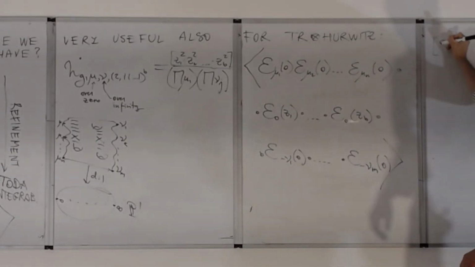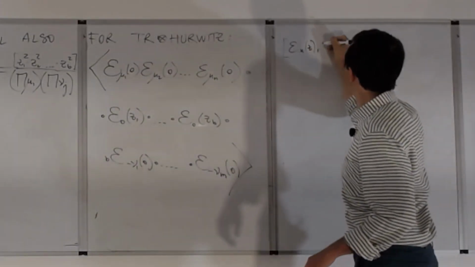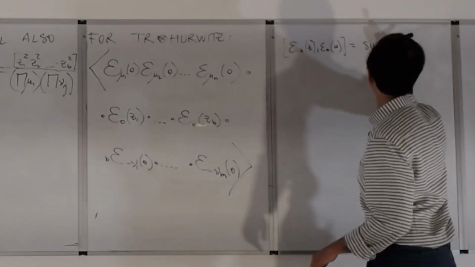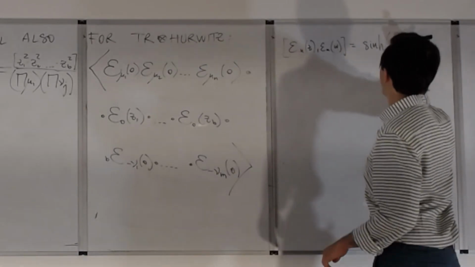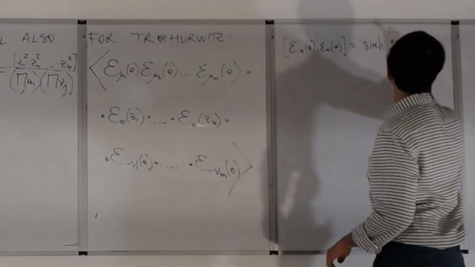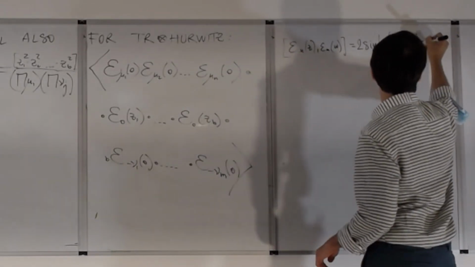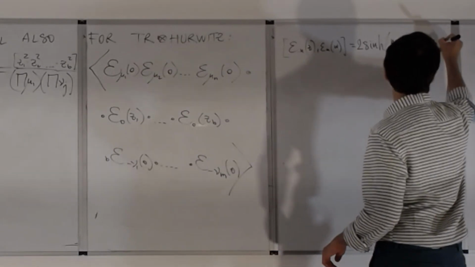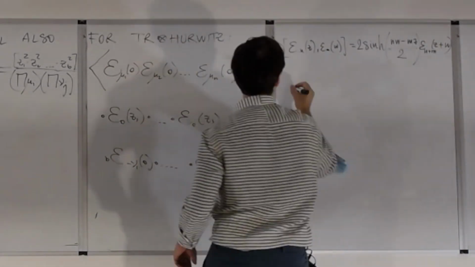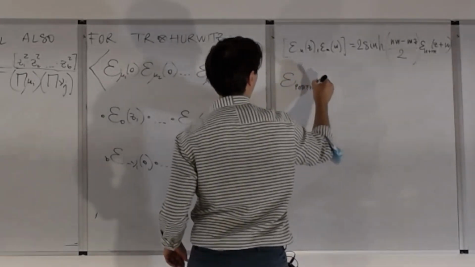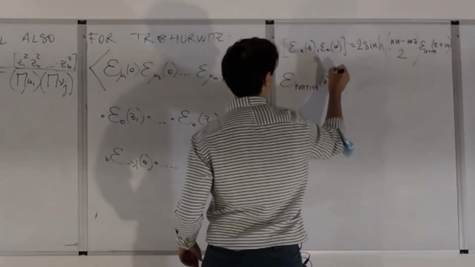The rule is that E_n(z) E_m(w) goes like the hyperbolic sine of (nw minus mz) divided by 2, and then you have a 2 here, and then you have E_{n+m}(z + w). And also, every time that you have E of something positive, this is 0.